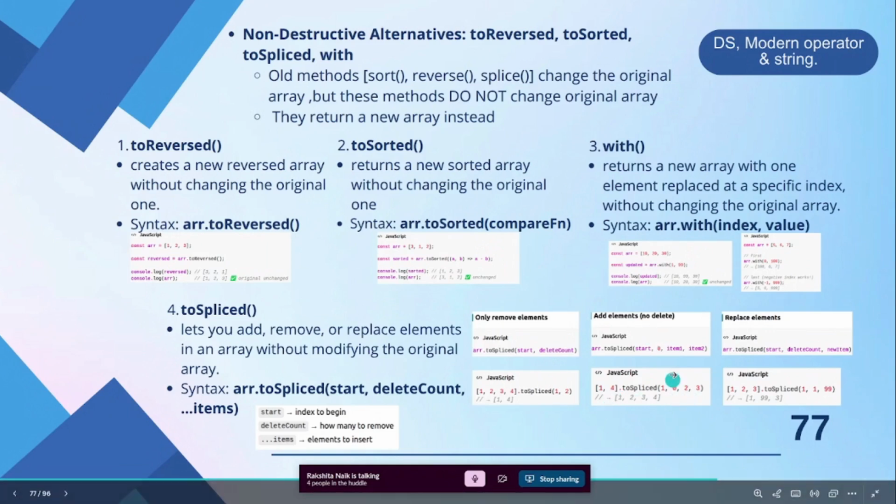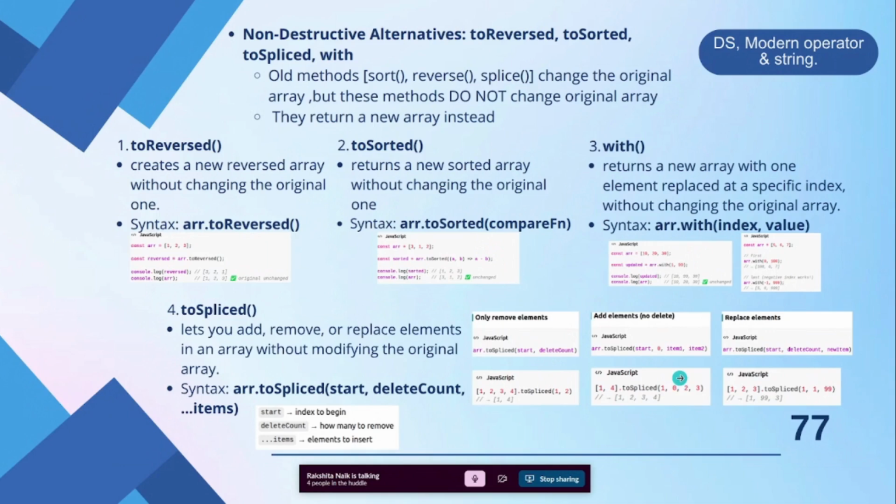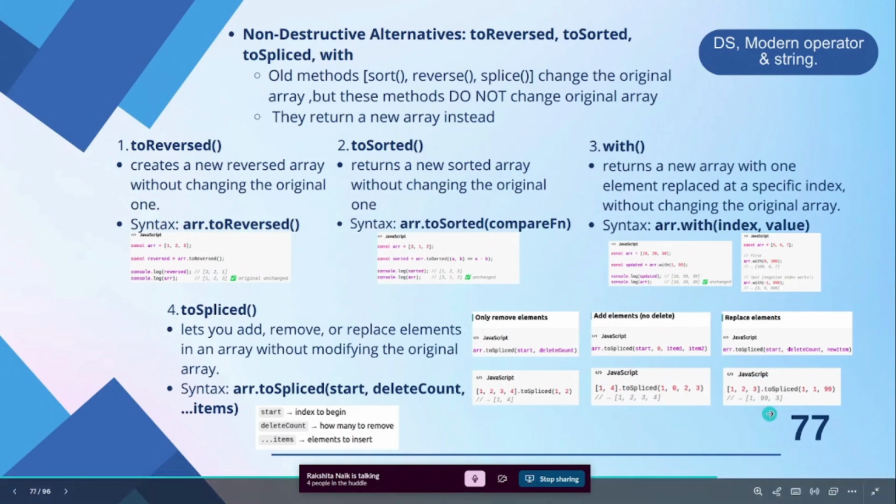Deletion is 0, there is no need for deletion. So items 2 and 3 are to be added. In the place of index 1, I want 2 and 3 to be inserted. So after 0, at index 1, 2 and 3 need to be there. So 1, 2, 3, 4 will be the result.